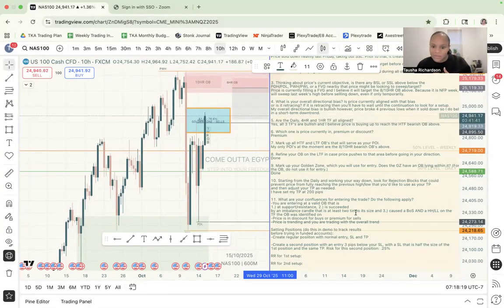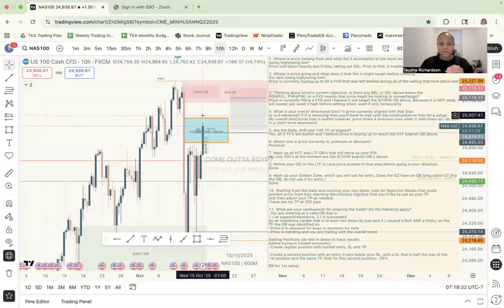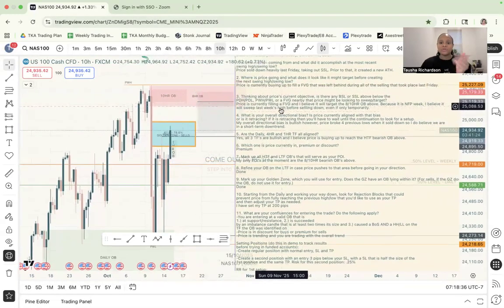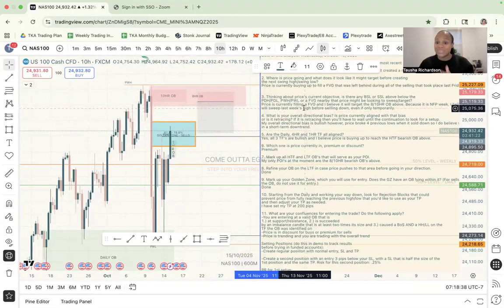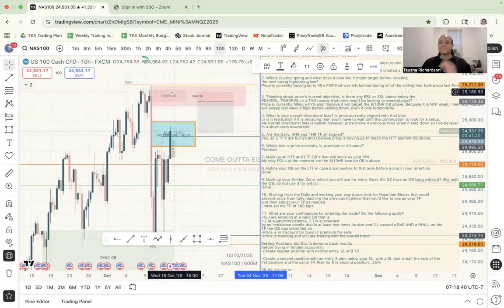So first off, let's see. Okay, yes. The first thing that lets me know that an order block is valid is that it is at support or resistance. So we're on the 10-hour, and you can also see the 8-hour. Okay. So would you say that these order blocks are at resistance in this case? Resistance being the ceiling. We know that support is the floor.